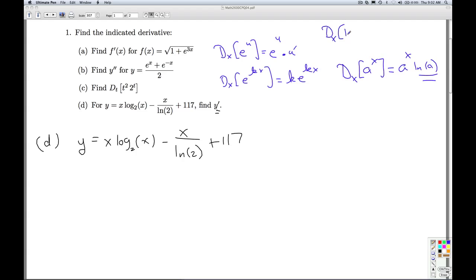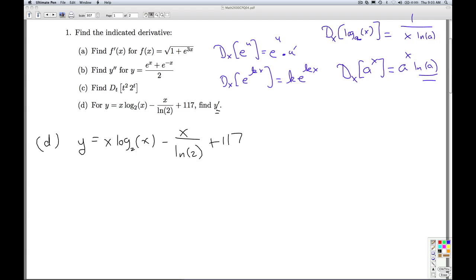Well, the derivative of log base a of x is pretty much the same as the derivative of natural log x, except I have the natural log of a in the denominator. Since these functions are inverses of each other, this is completely believable. When I take the derivative of a to the x, I multiply by the natural log of a. When I take the derivative of its inverse, I divide by the natural log of a.